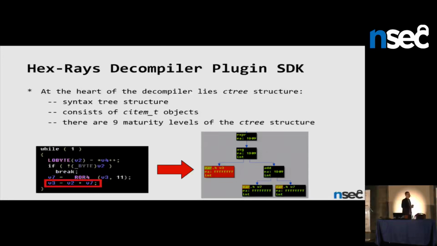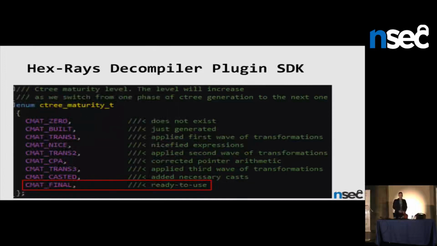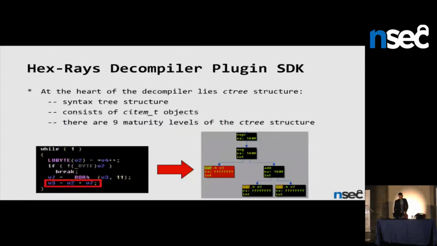Basically, this is a syntax tree structure which consists of nodes called citem_t. There are 9 maturity levels because this structure is generated using several iterations, and you can actually hook at any level, but we are using maturity level final, when this structure is ready to use.